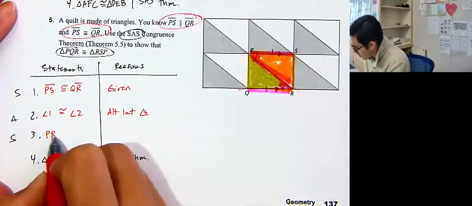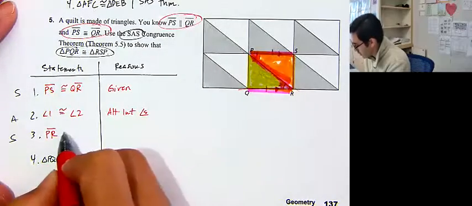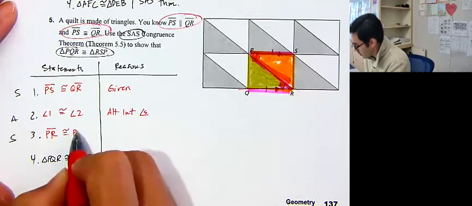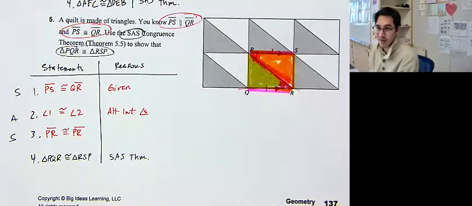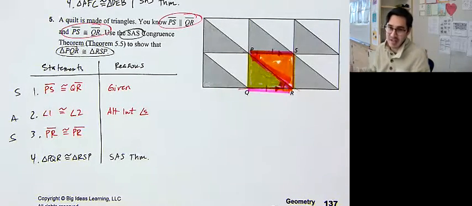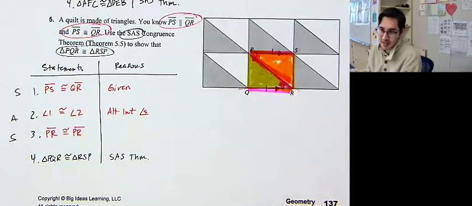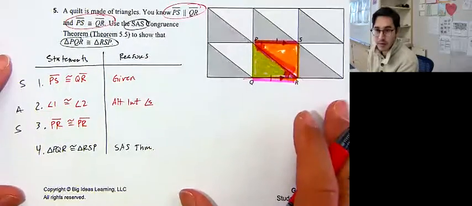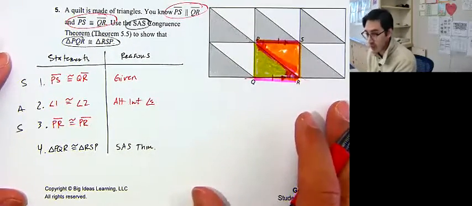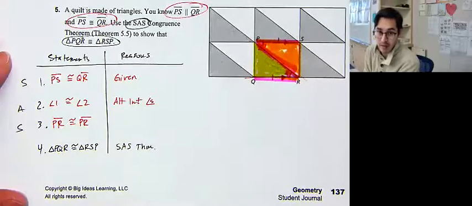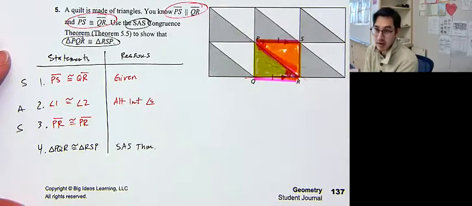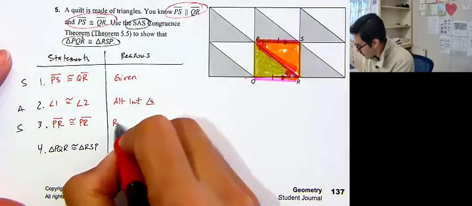So what we want to say is that PR from the yellow triangle is congruent to PR from the orange triangle. But really, it's the same segment. PR is just PR. It should be congruent to itself. And so the mathematical property that allows us to say that things are congruent to themselves, or things are equal to themselves, is the reflexive property.